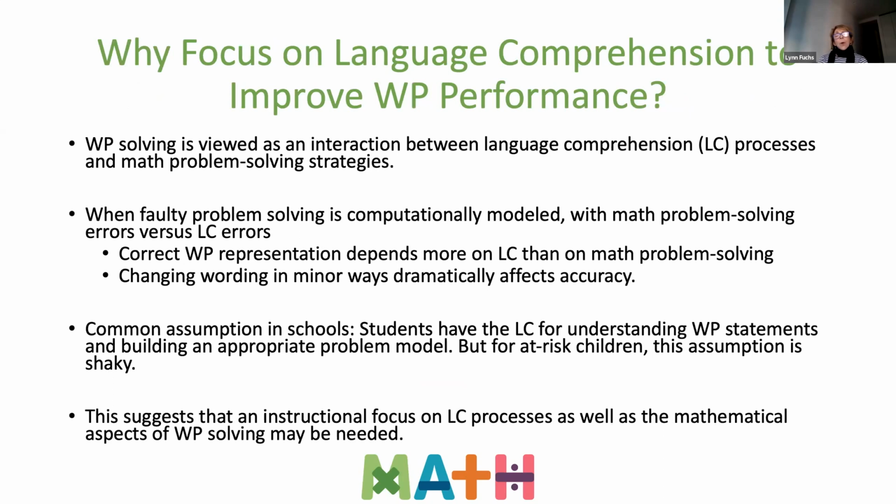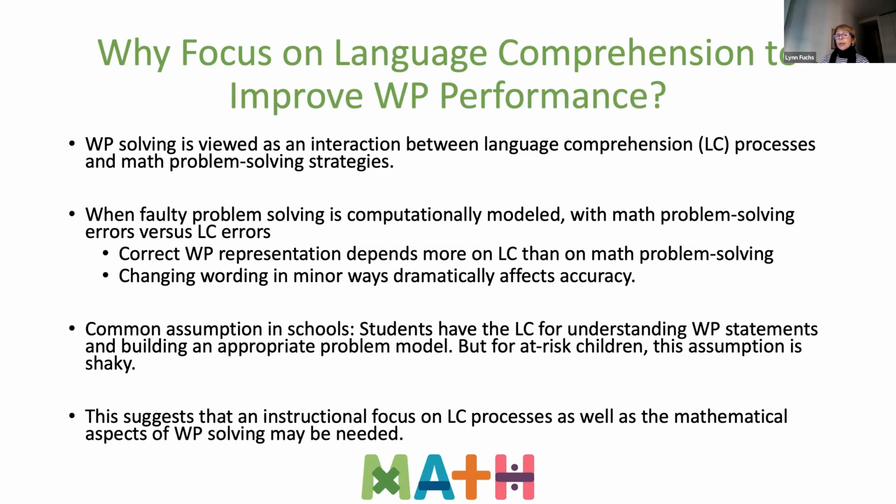So why did we focus on language comprehension when we're trying to improve word problem solving? Well, word problem solving is often viewed as an interaction between language comprehension processes and math problem solving strategies.